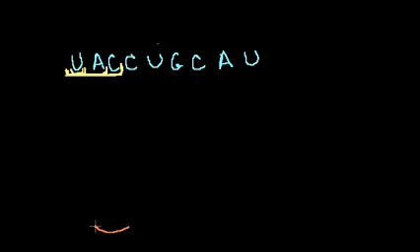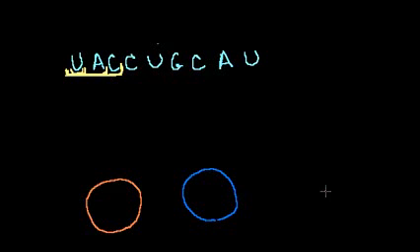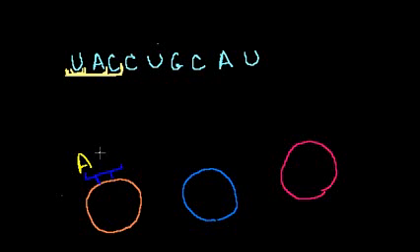So let's say I have some amino acid right here, and then another amino acid right here, and then another amino acid like that. They'll be attached to tRNA molecules. So this amino acid is attached to a tRNA molecule that has the code A, U, G on it.